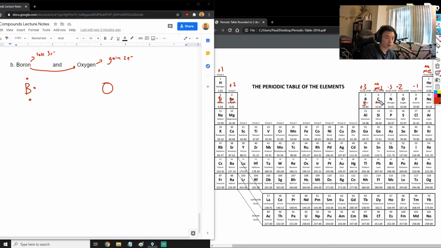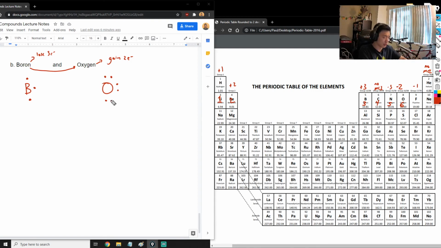Oxygen is number 4, 5, and 6 on its row, so it'll have 1, 2, 3, 4, 5, 6. And again, boron wants to lose 3. Oxygen wants to gain 2. And so since we know that boron wants to lose and oxygen wants to gain, we know that the electrons are going to go from boron to oxygen.